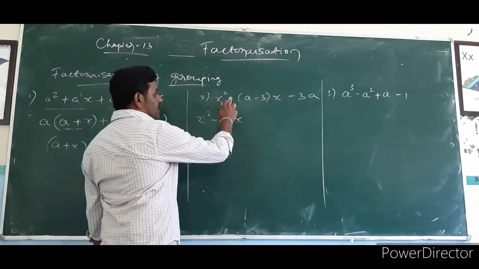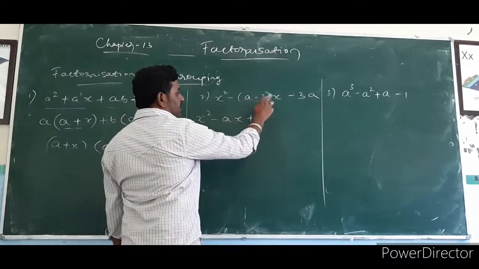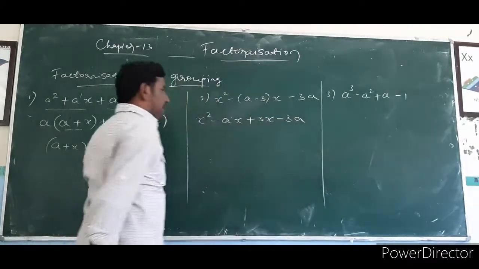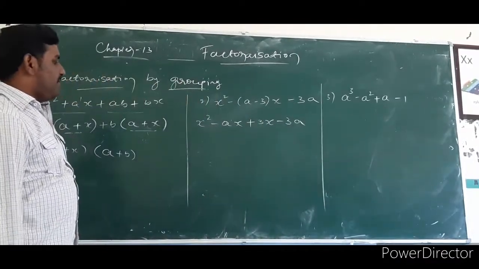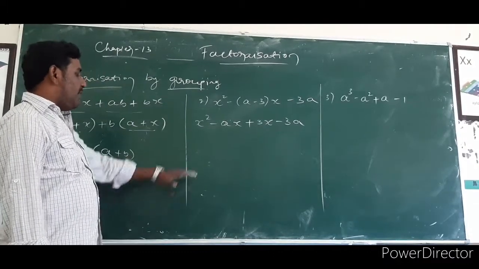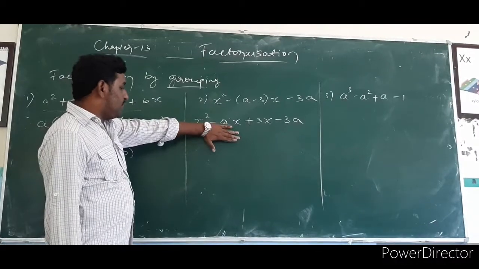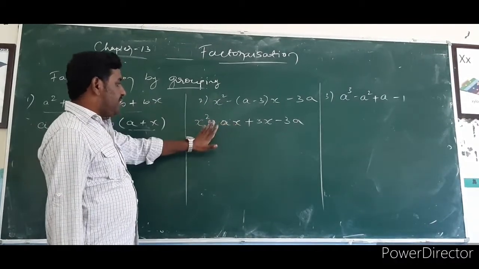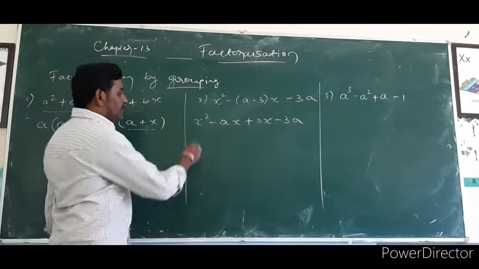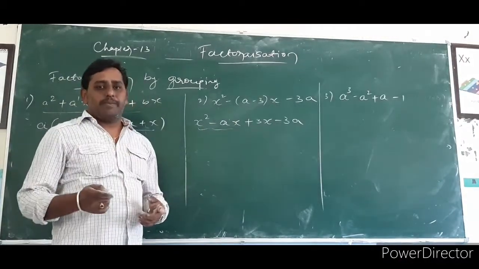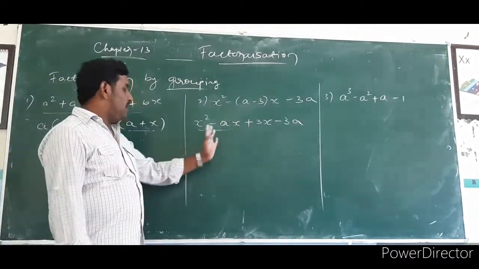So here minus is there, minus into minus is plus, 3 into x, 3x minus 3a. Look at this, why I am making groups. If I take these two, you will get x minus a. You can group any two terms, no problem. So I am doing like this.